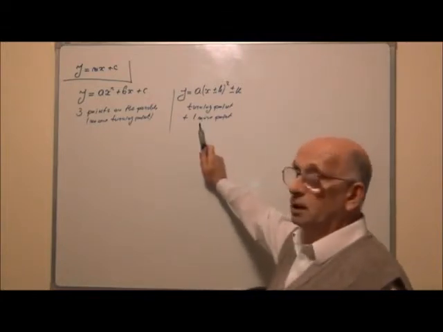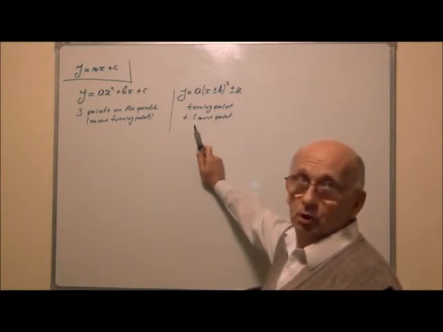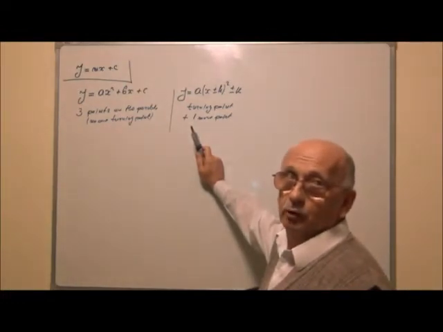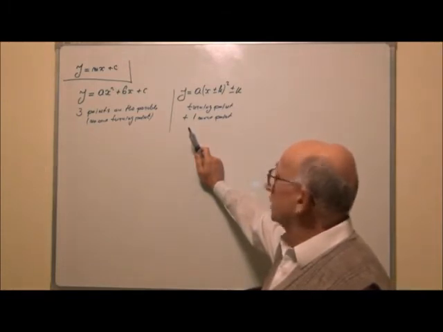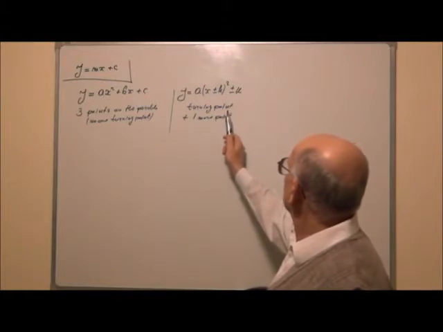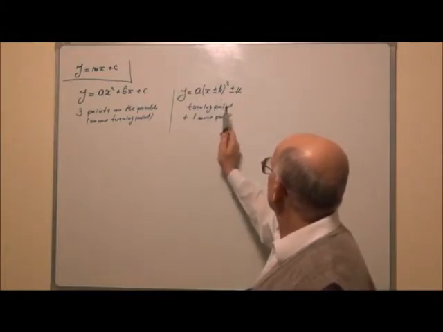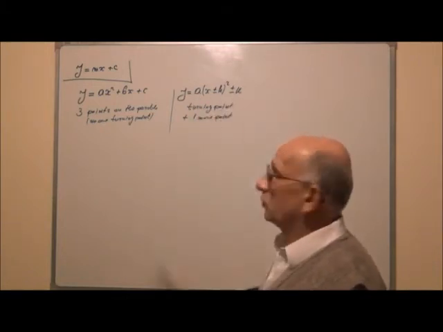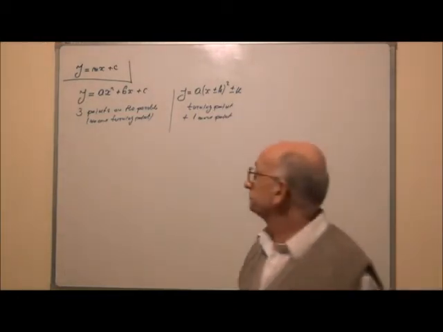On the other hand, if our question gives us only 2 points on the parabola, but definitely one of those 2 we know is the turning point, in that case, again, substituting the coordinates of the turning point, x coordinate for h and y coordinate for k, in the turning point form of the parabola, we will form one equation.